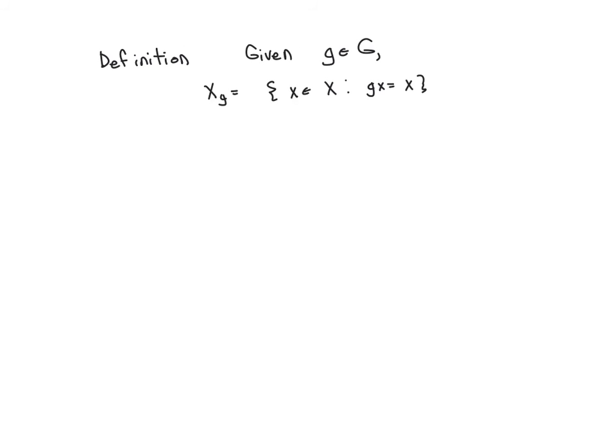So note the difference here from the stabilizer. The stabilizer consists of the group elements that fix a given point, whereas the fixed point set is the set of points that are fixed by a given group element. The difference is whether you're varying x for a fixed g or varying g for a fixed x with this one equation.